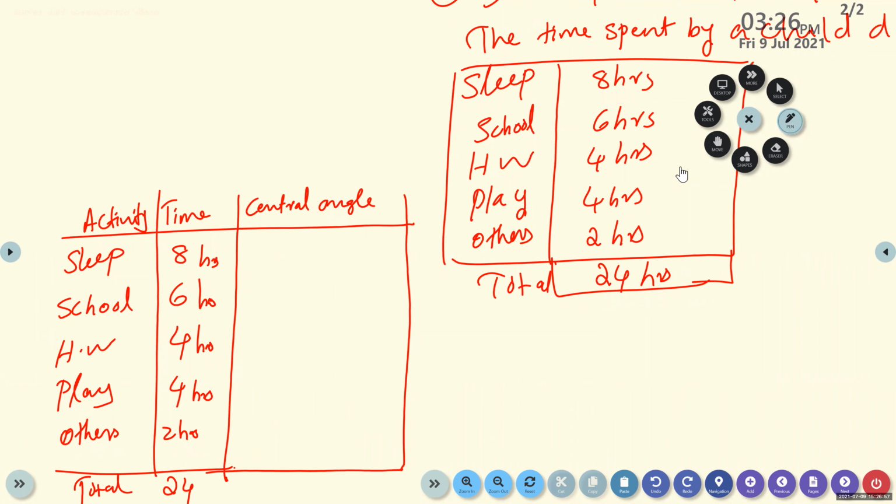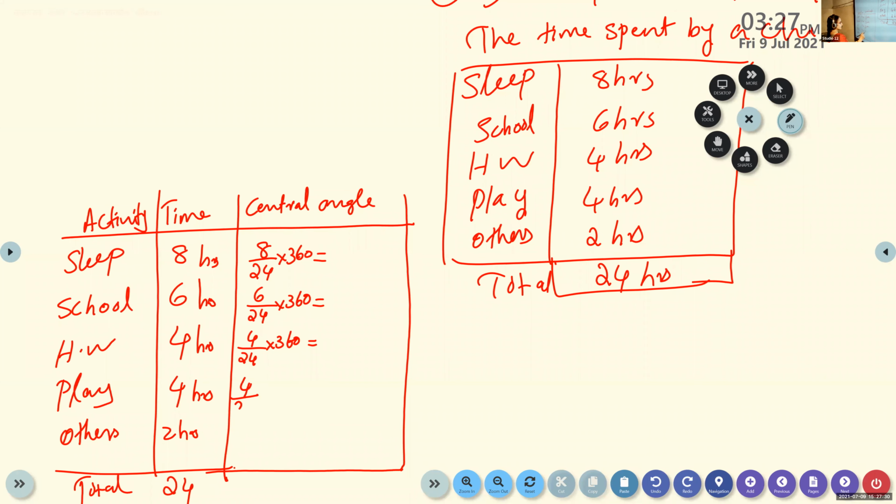8 divided by 24 into 360. Next, all of you write those ratios. 6 divided by 24 into 360. 4 divided by 24 into 360.